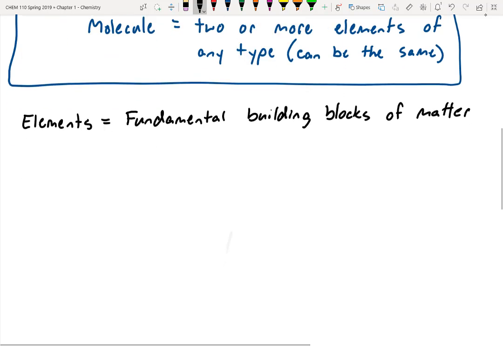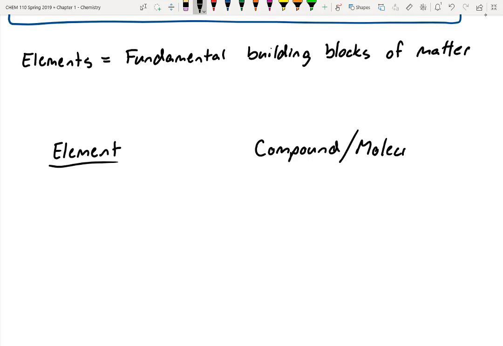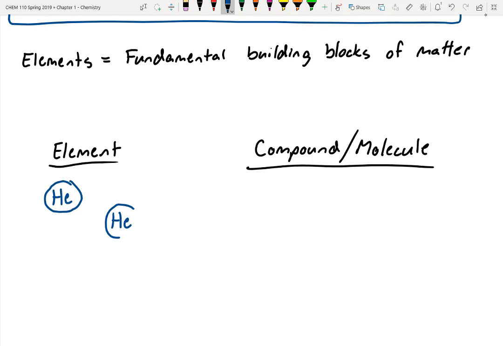All right, let's compare this to a compound or a molecule. Just one more time. So we've got elements over here. Elements, if you remember, are always something that come off of the periodic table. So if we think about the example of helium, the symbol we use for helium is He. So it'd be a bunch of these helium atoms floating around in space, bumping into one another.